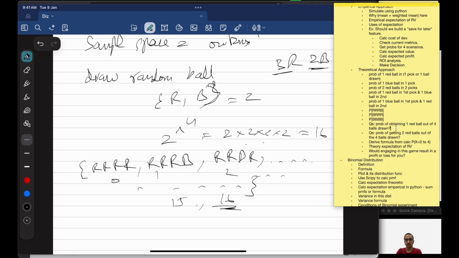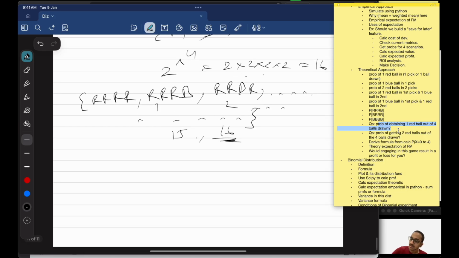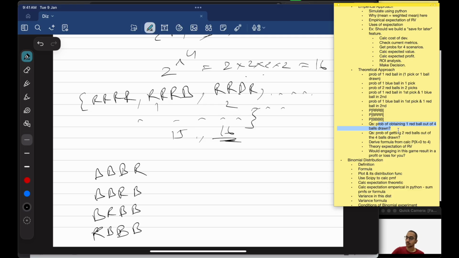So you'll have 16 outcomes like this, and out of these 16 outcomes, you will have an event. The event they are asking is what is the probability of getting 1 red ball out of 4 balls drawn. Out of these, the event where 1 red ball can occur is basically blue, blue, blue, red; blue, blue, red, blue; blue, red, blue, blue; and red, blue, blue, blue.